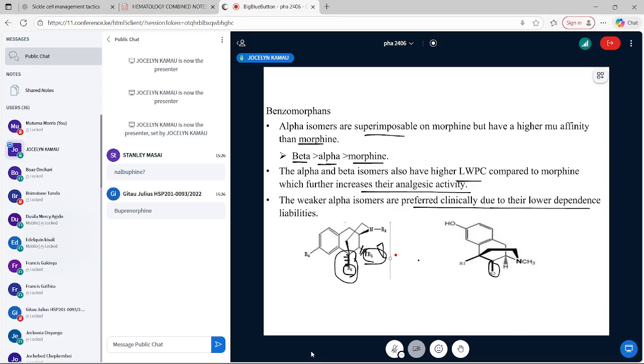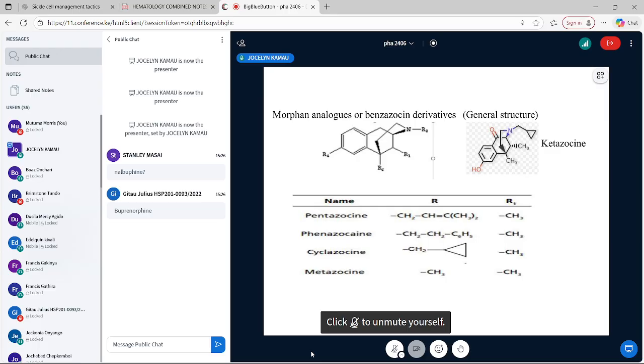We do not really have a pure antagonist from these compounds, and I also didn't see any pure antagonist from the morphinans. These compounds have that slight difference of higher agonist antagonist ratio, but the SAR is the same as what we have discussed earlier. Any question? Any question up to there?